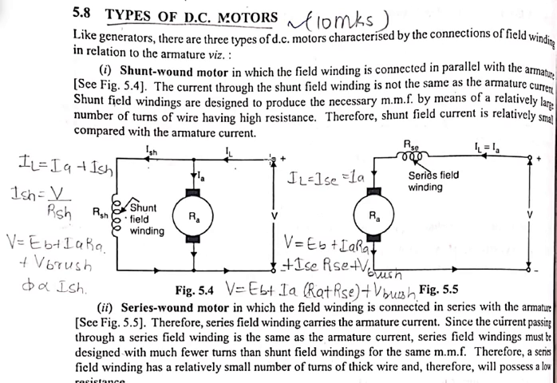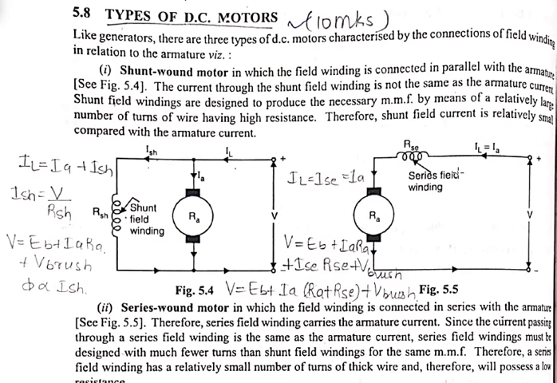If there is a voltage drop, that voltage drop plus the voltage drop at the brush plus the voltage drop in the armature IaRa plus the back EMF EB. So you can see, if we neglect the connecting lead voltage drop, we can say V is equal to EB plus IaRa plus the voltage drop at the brush, and that is how we find the relation between the terminal voltage and the back EMF.